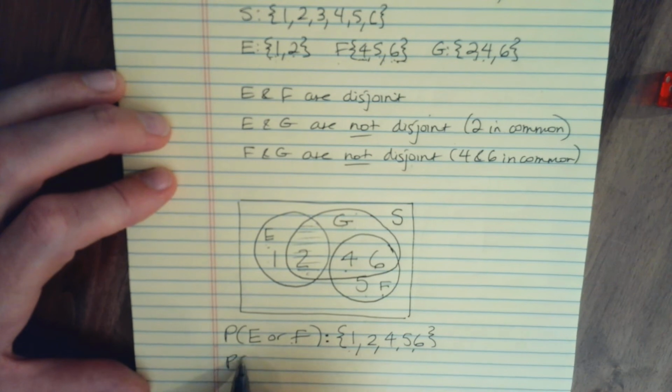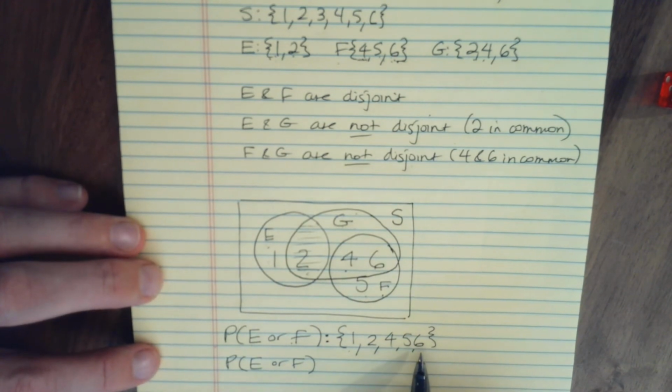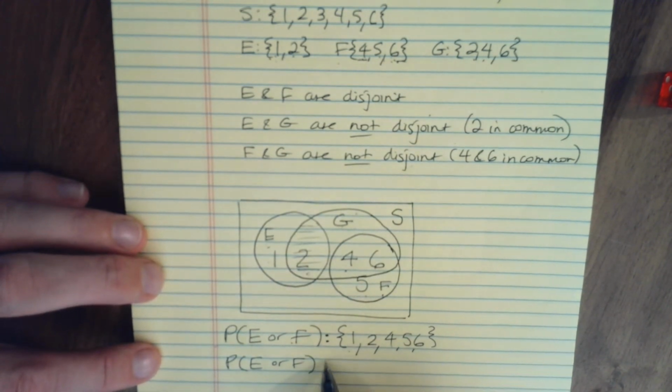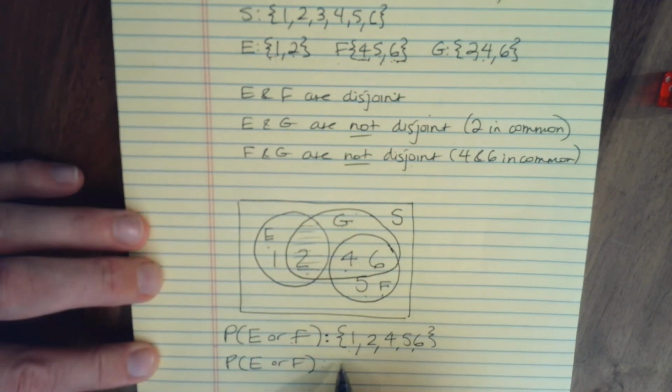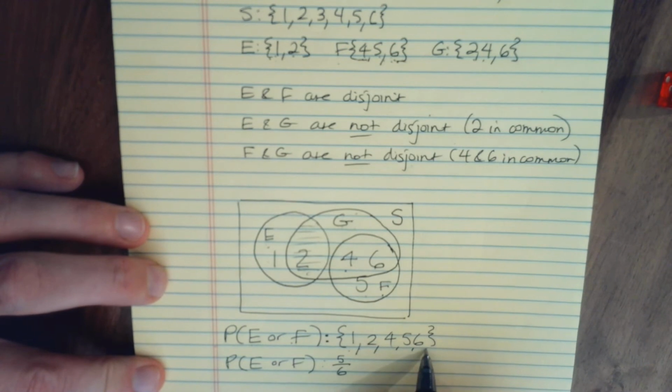So how can we get the probability of E or F? Well, in this case, since I was able to just list the possibilities, and I know how many things are in the sample space, I can use the classical method and say that that's 5 out of 6, because these are all equally likely.